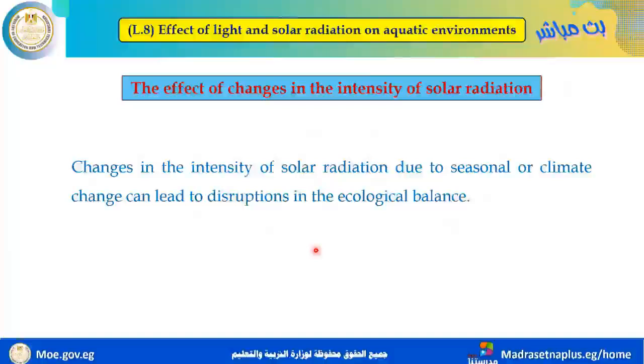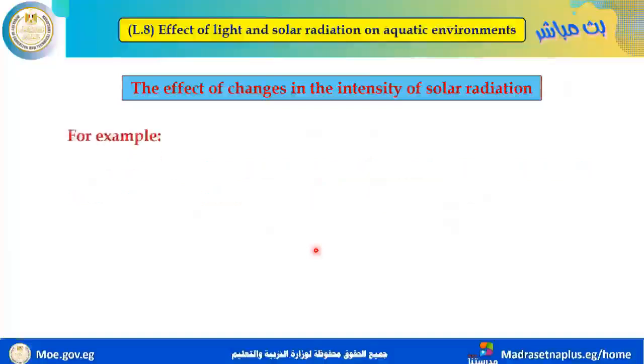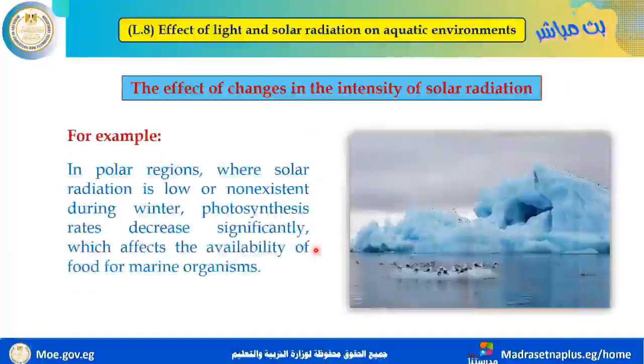How does that happen? Let's go for example. In polar regions where solar radiation is low or non-existent during winter, the photosynthesis rate decreases significantly, which affects the availability of food for marine organisms.